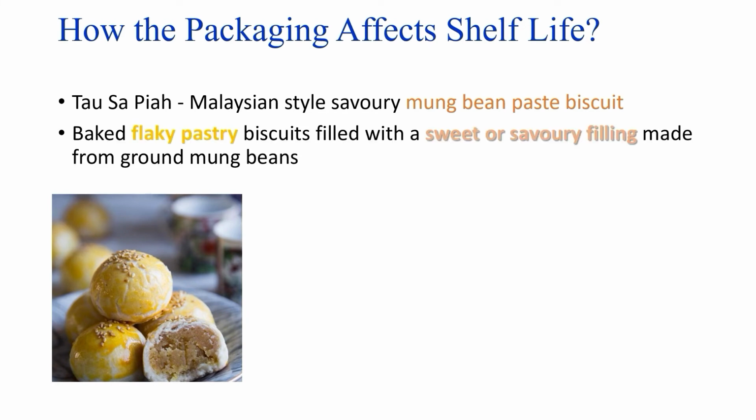This product is a big flaky pastry biscuit filled with a sweet or savory filling made from ground mung beans. The filling is a little bit moist when you chew it in your mouth, and it won't give you a chalky sensation, but the flaky outer layers give you a different sensation with the filling. This product is popular due to its special characteristics.